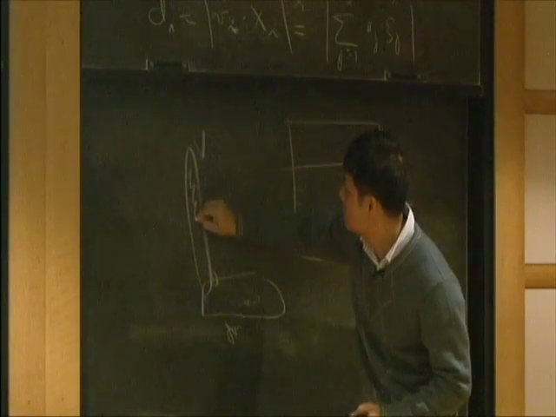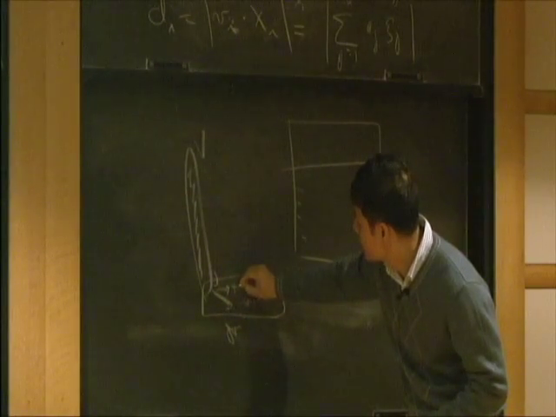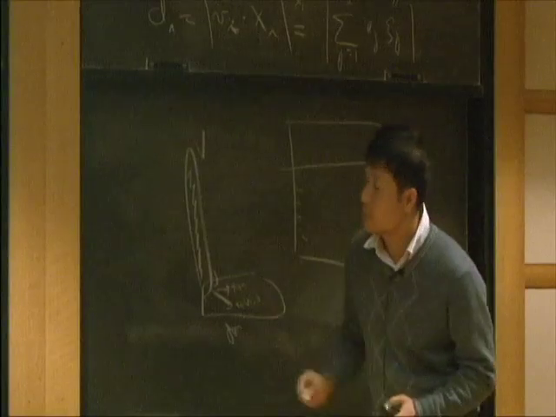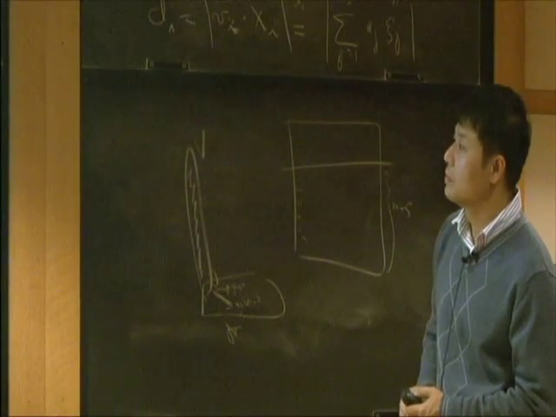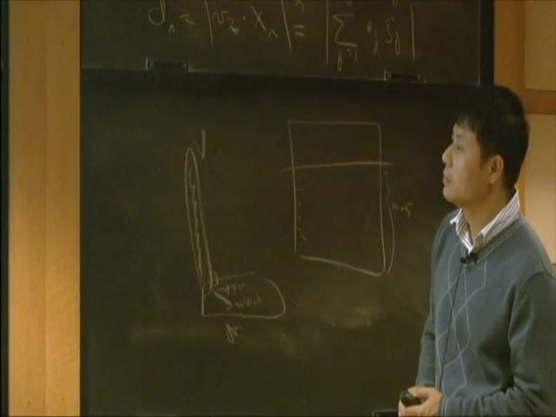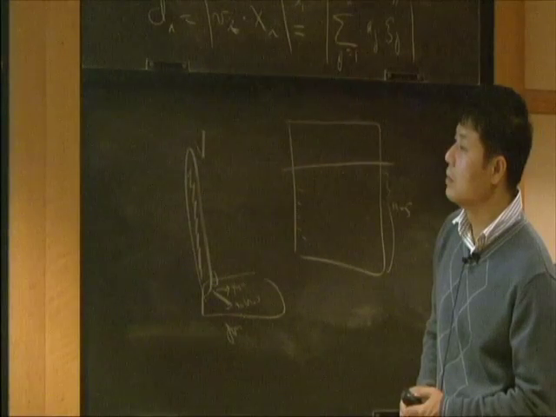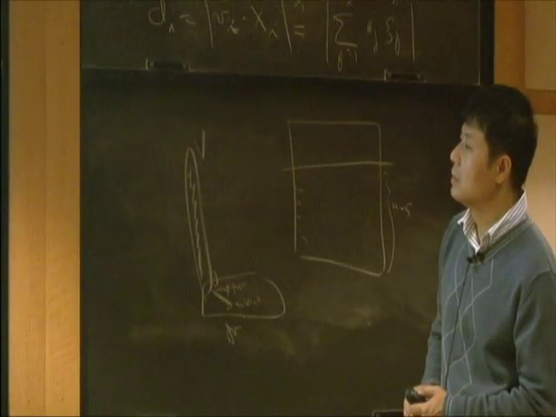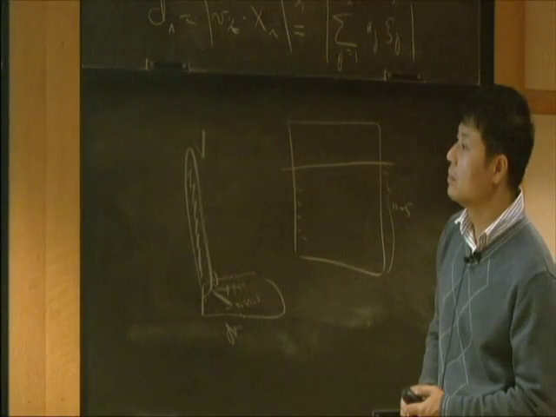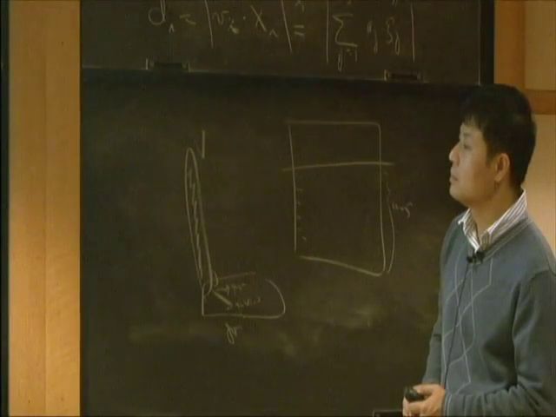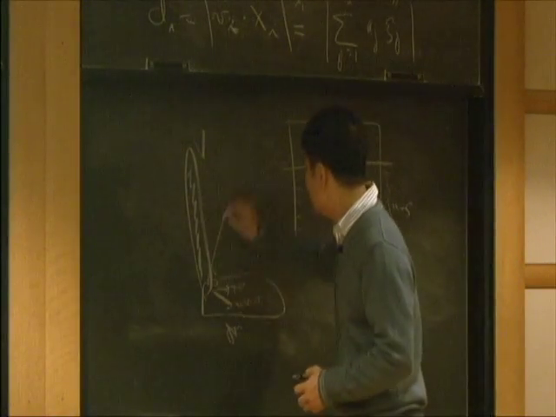So this is V. V will be orthogonal to x_{s+1} up to x_n. And then you take the projection of x_1 up to x_s on this.